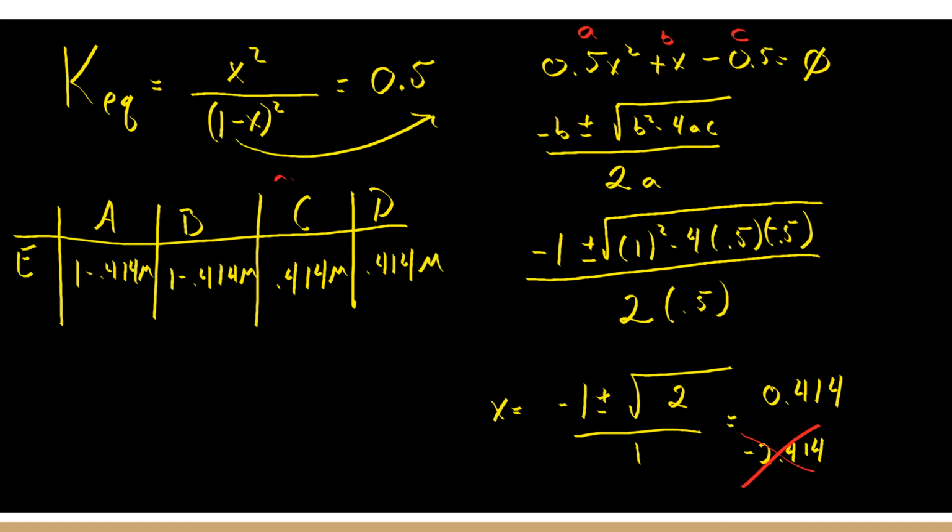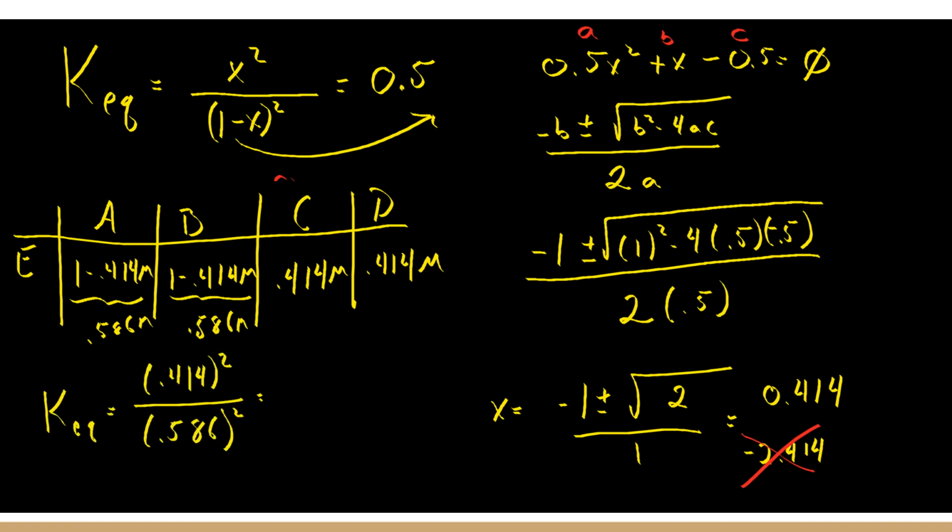They're all molar, because it's concentration. And then you go ahead and, just for simplicity's sake, you do the math. A and B are equal to 0.586 molar each. And those are the four numbers that you plug back into the equilibrium expression. So KEQ is equal to 0.414 times 0.414 divided by 0.586 times 0.586.